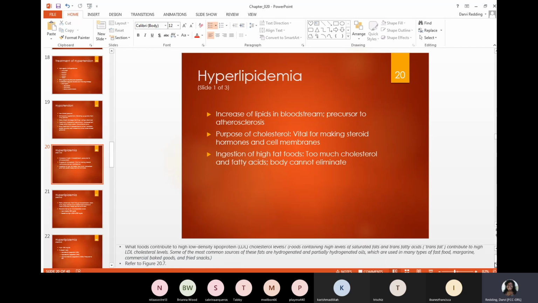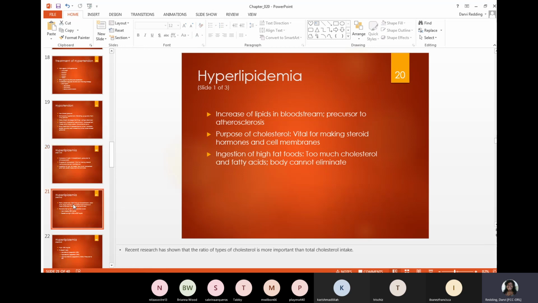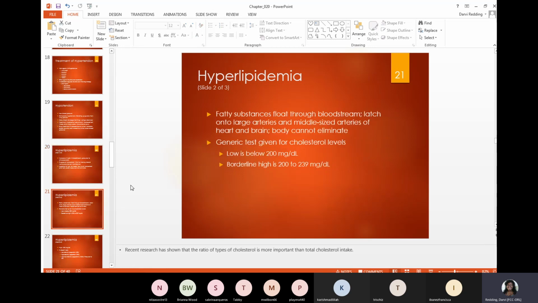And so some examples of foods that cause high cholesterol would be eating fast food, eating margarine, eating commercial goods, even float through the bloodstream, and they basically latch onto large arteries as well as middle-sized arteries of the heart and brain, and our bodies really can't eliminate it.